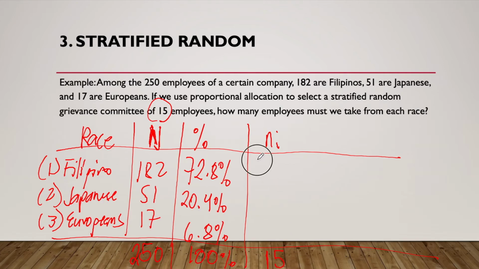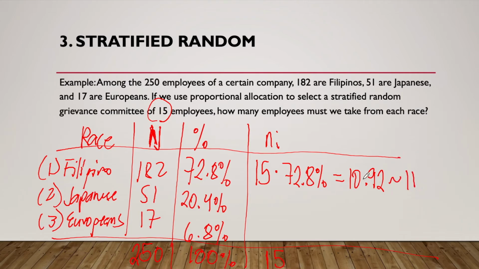So out of this 15, we multiply 15 by 72.8%, or rather 15 times 0.728. So the Filipinos need to have 10.92 of them. There is no 0.92 human being, so let's round this off to 11.